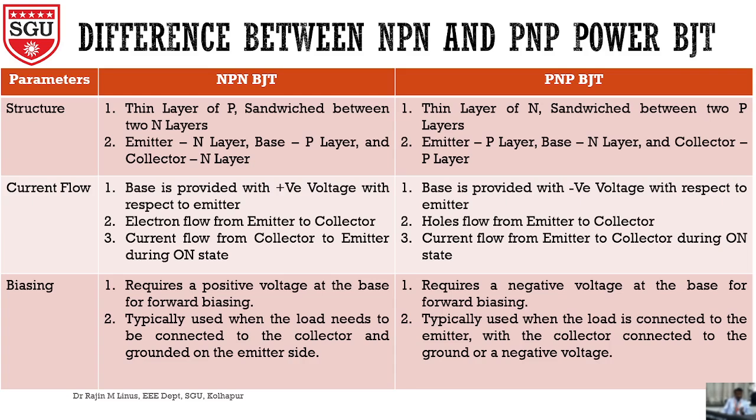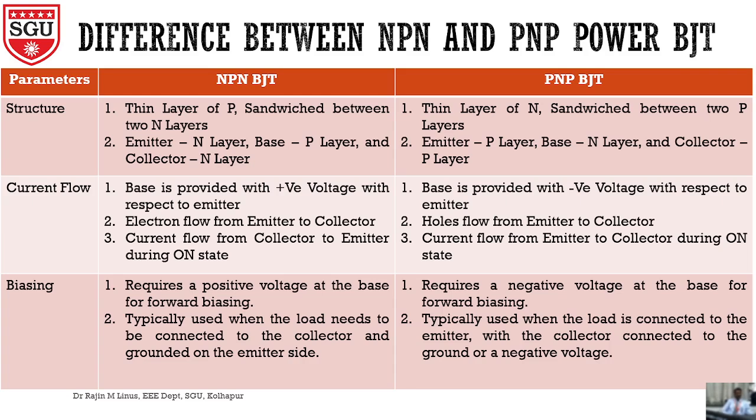Then in the PNP transistor, holes flow from emitter to collector, not electrons. Since the P layer is highly doped with holes, the majority carriers are holes. So the holes flow from emitter to collector, and the current flows in the same direction, emitter to collector, during the on state.